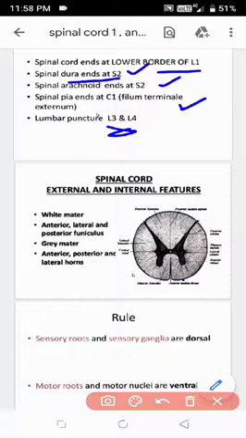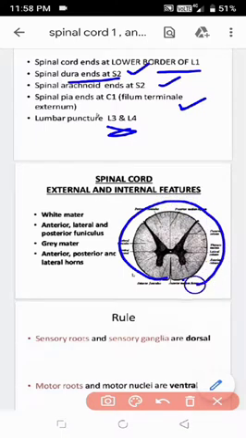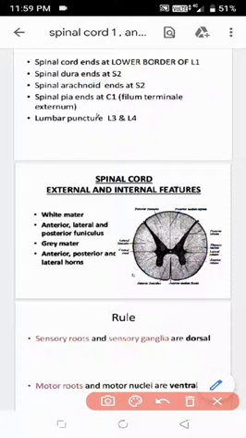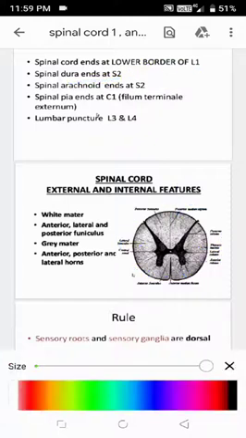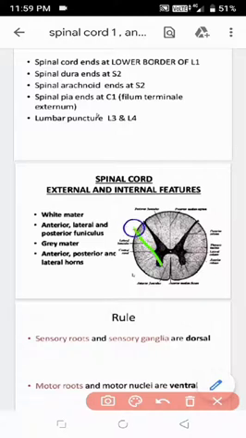If we take the white matter, in the white matter we have anterior, lateral and posterior funiculi. Okay. If we take the gray matter, that's butterfly or H-shaped.